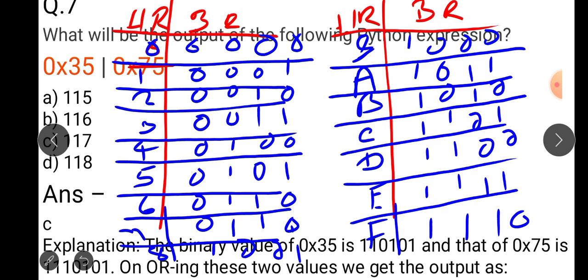For example, in this case you have to find the binary representation of 35. So look at the value of hexadecimal 3. You can easily see that for 3 it is 0011, and for 5 it is 0101.